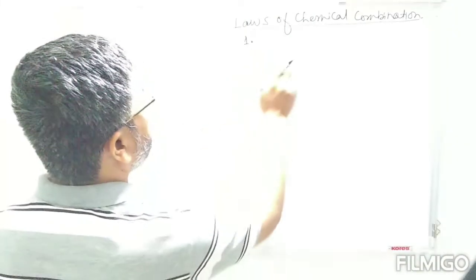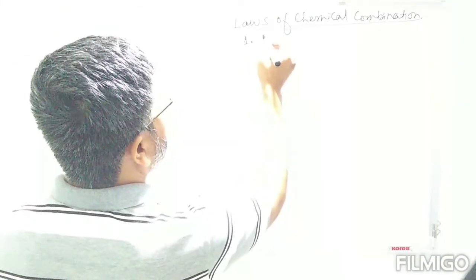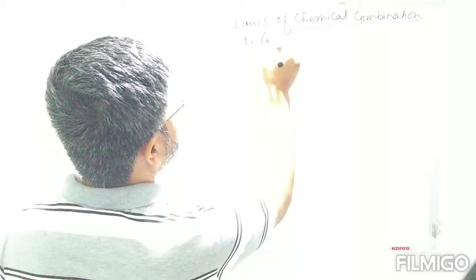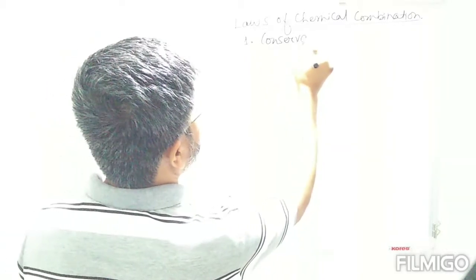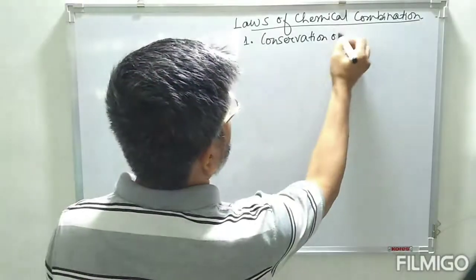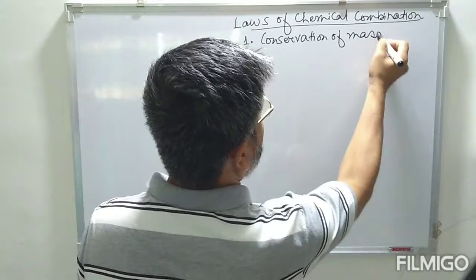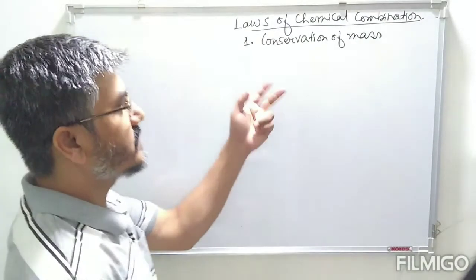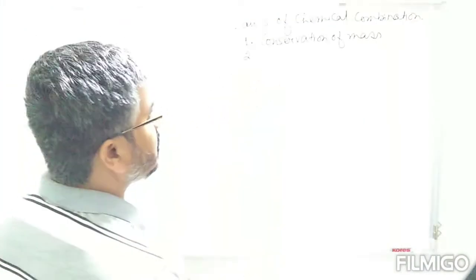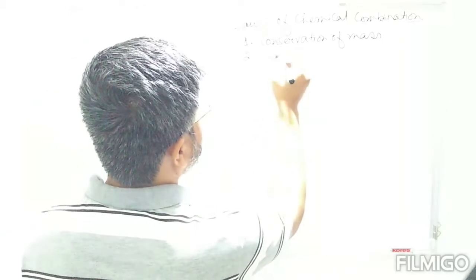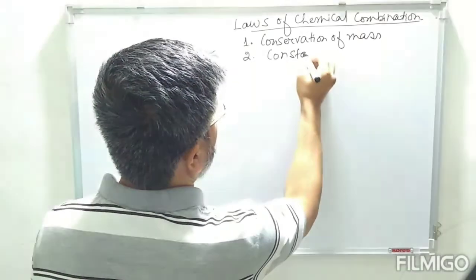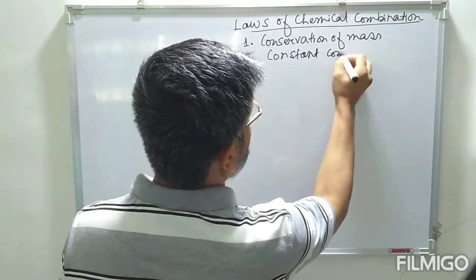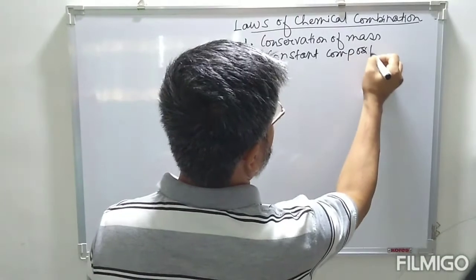Under this, we have the law of conservation of mass. So the first law is the law of conservation of mass. The second law is the law of constant composition by mass.